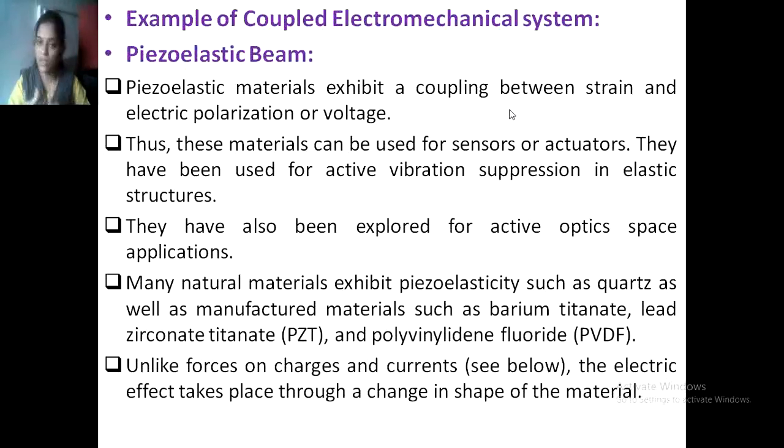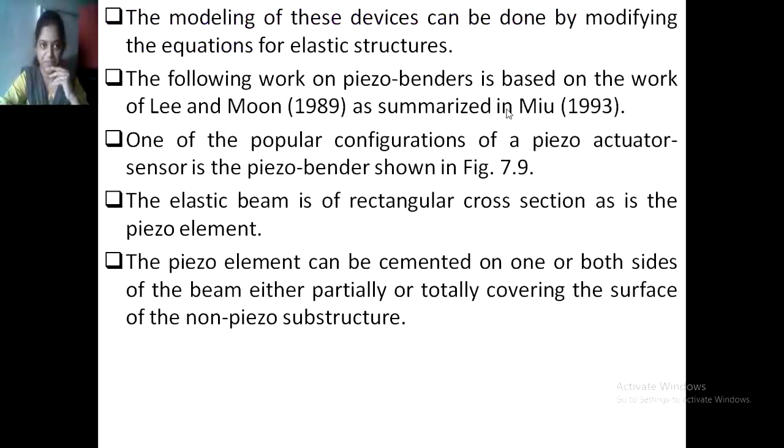Examples are barium titanate, lead zirconate titanate and polyvinylidene fluoride. Unlike forces on charges and currents, the electric effect takes place through a change in shape of the material. So the modeling of these devices can be done by modifying the equations for elastic structures.